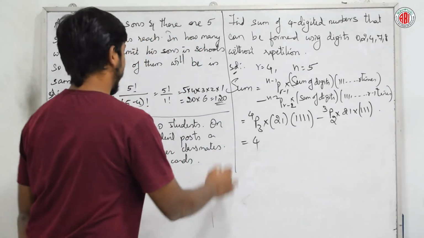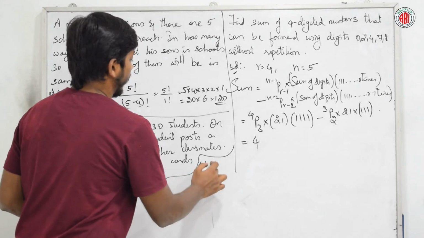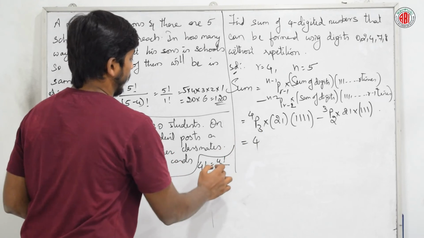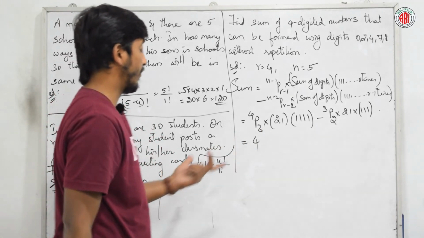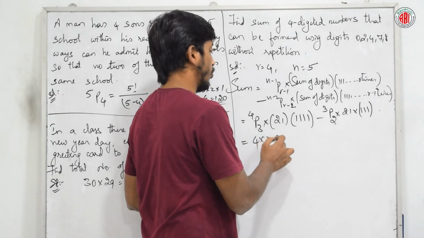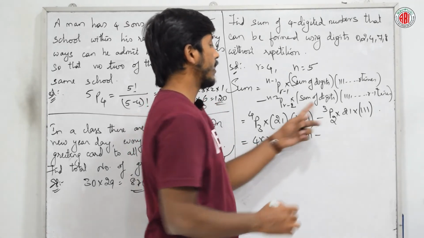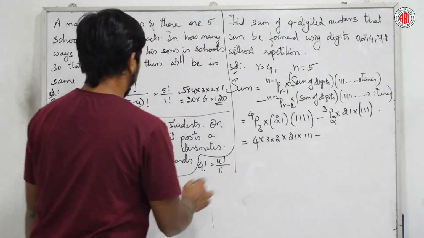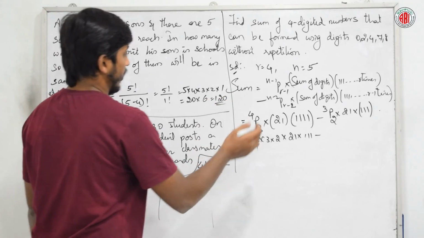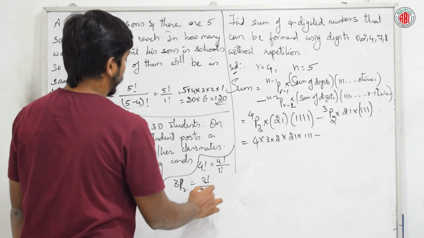Yes. Why? Just see here. 4P3 can be written as 4 factorial by (4 minus 3) factorial, which is 1 factorial. So it is 4 factorial, that is 4 into 3 into 2, into 21 into 111. Minus 3P2, which can be written as 3 factorial by (3 minus 2) factorial, that is 1 factorial.